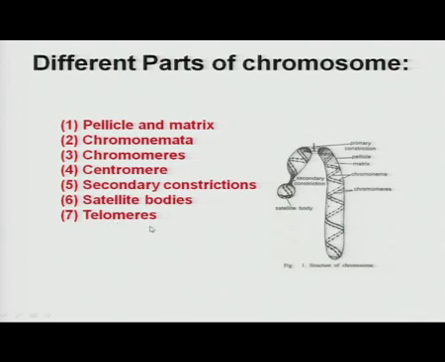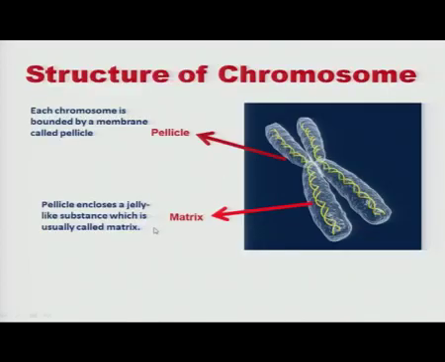Now let us know about all these parts of the chromosome. First, pellicle and matrix. The outer membrane of the chromosome is considered the pellicle, and this membrane encloses a jelly-like structure which is called the matrix.